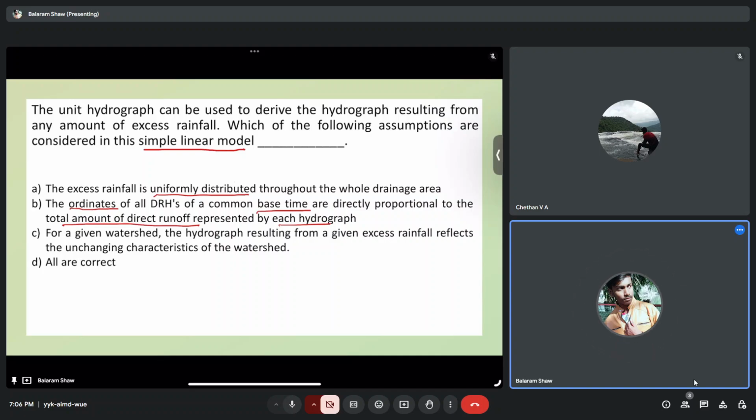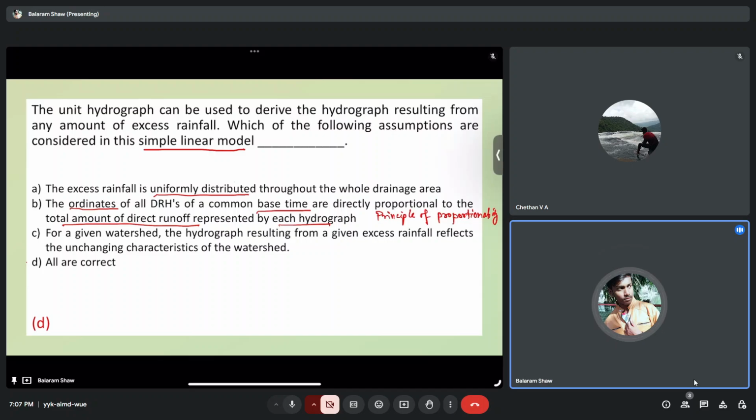So this is the principle of proportionality, right? So this is also applicable. This is also one of the assumptions. Next, for a given watershed, the hydrograph resulting from a given excess rainfall reflects the unchanging characteristics of the watershed. So this is also correct. So the correct answer will be all, right?